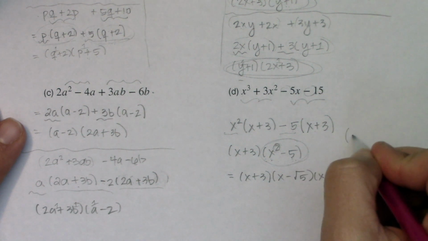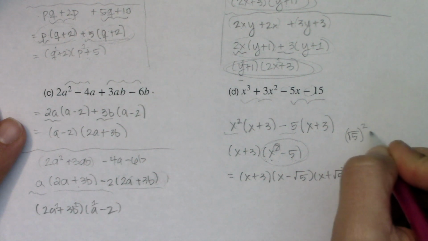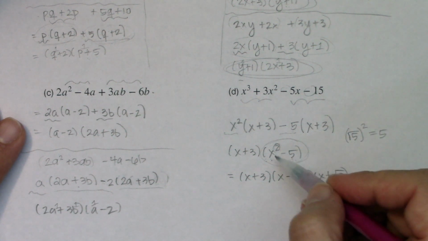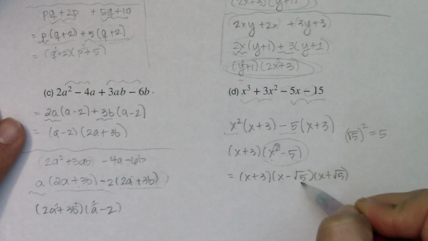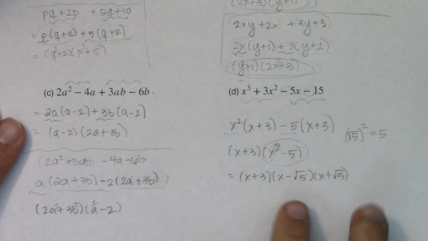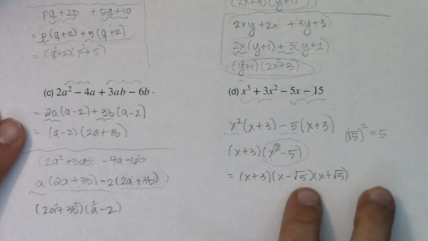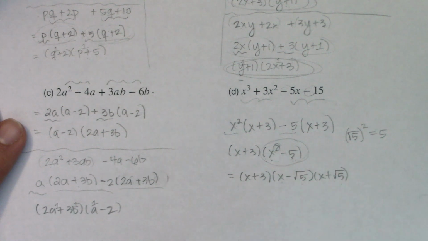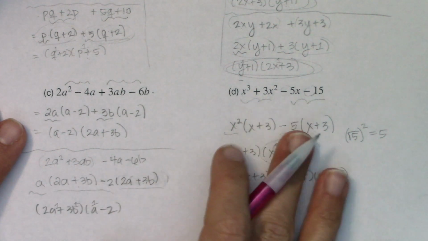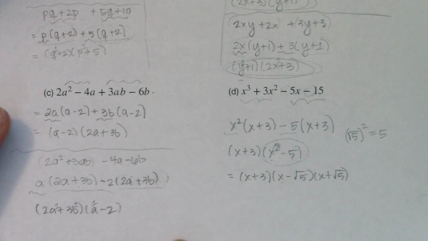Just off to the side, the square root of 5 squared is 5. So when you have x squared minus root 5 squared, it can factor into x minus root 5, x plus root 5. And maybe you're noticing these are conjugates. We talked about previously how when you multiply conjugates, the outer and inner terms cancel. But we're going to focus on that a little bit more in example 3, okay?